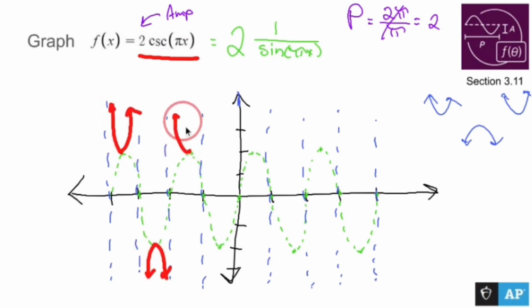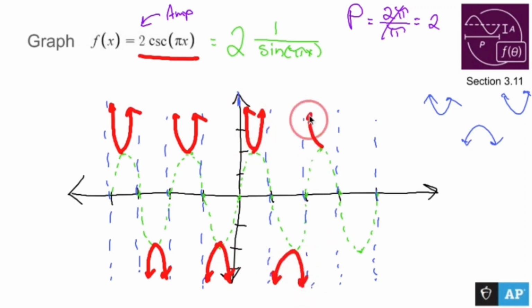Alternating parabola-looking things. Again, I'm not going to win any awards for the prettiest picture ever, but I allowed the sine, which is in green, to be my guide, which gave me vertical asymptotes, which gave me the final graph at the end of the day. So not the prettiest, but I did it.